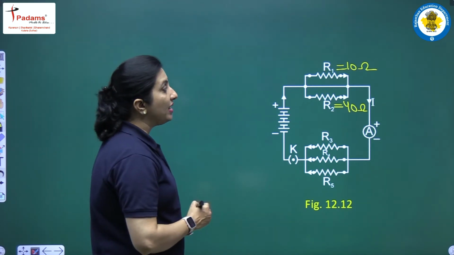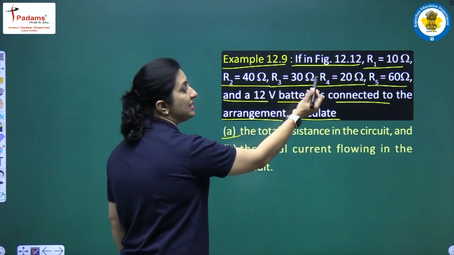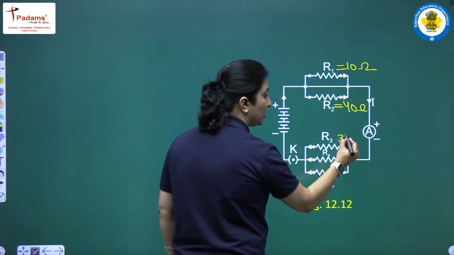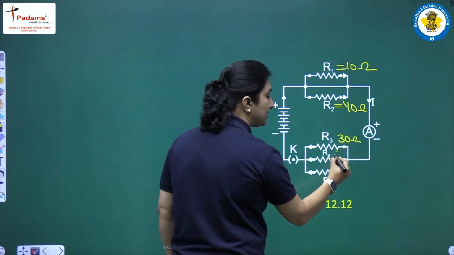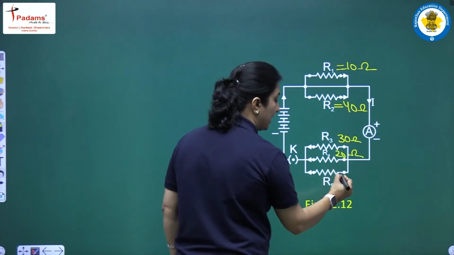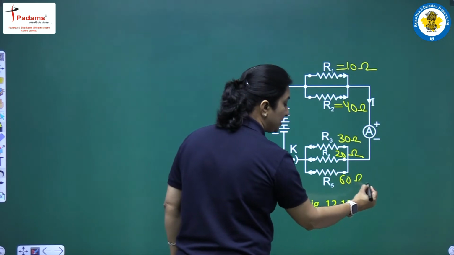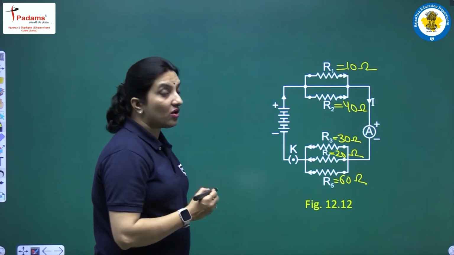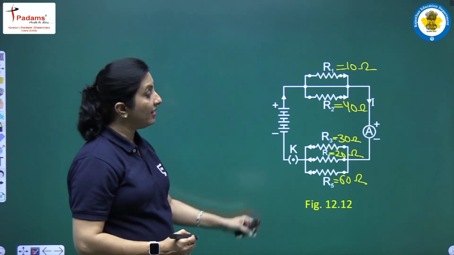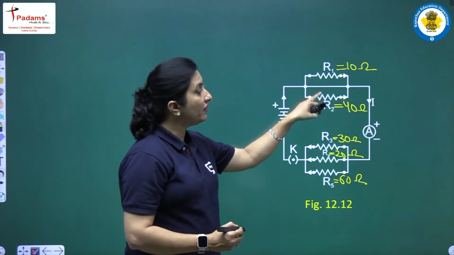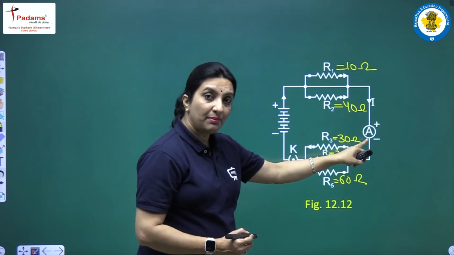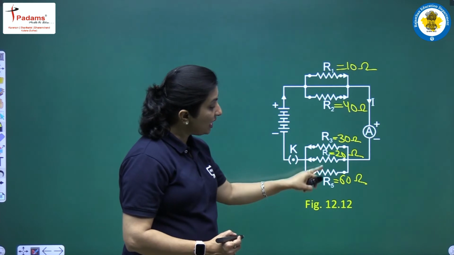The values are 30 ohms, 20 ohms and 60 ohms. So these three are also connected in parallel, and the equivalent resistance of these two resistors is connected in series with the equivalent resistance of these three resistors.